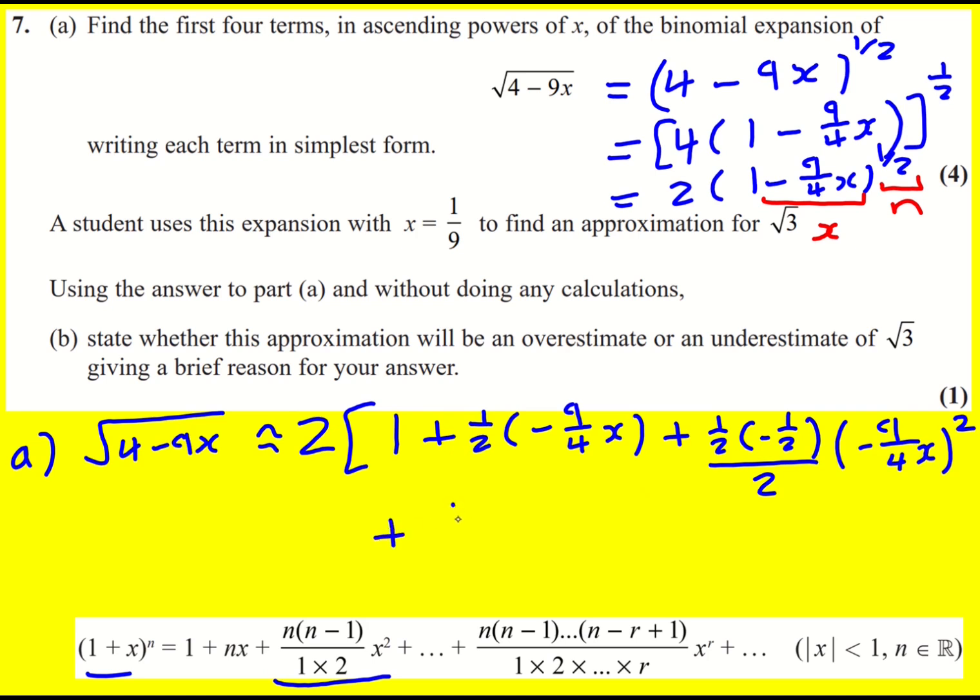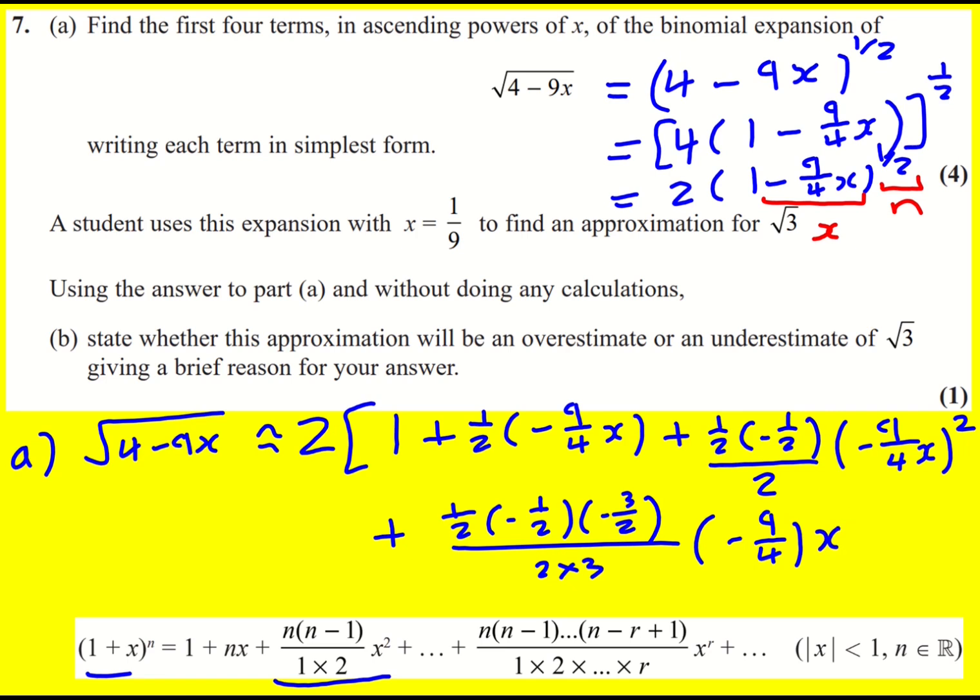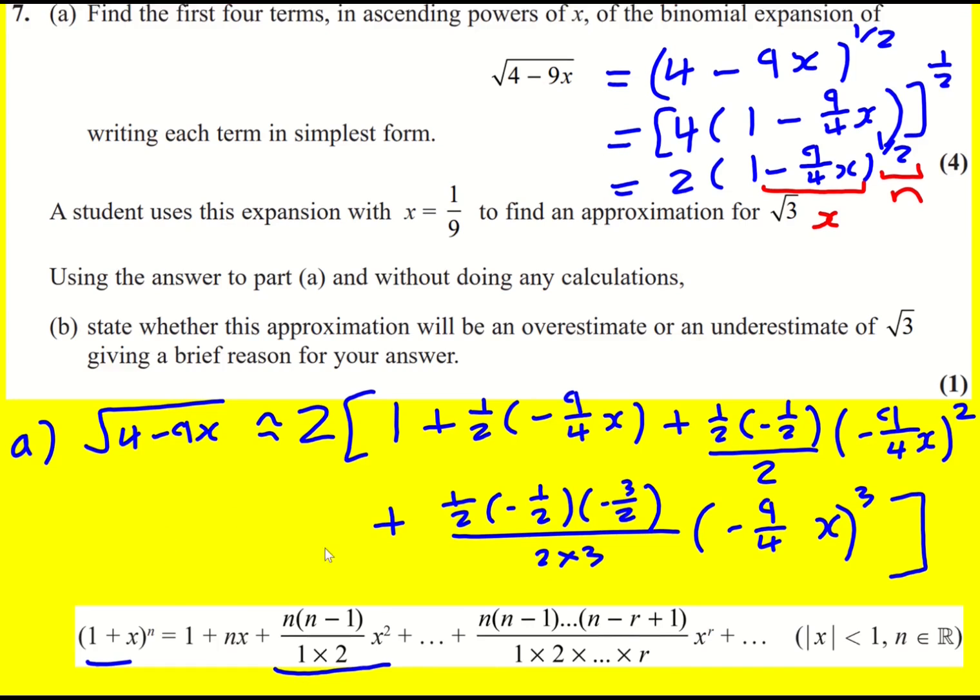Then one more term, a half, minus a half, minus 3 over 2, all over 2 times 3, times minus 9 over 4x, sorry, it should be that, then the bracket cubed. Okay, close bracket, square bracket there.